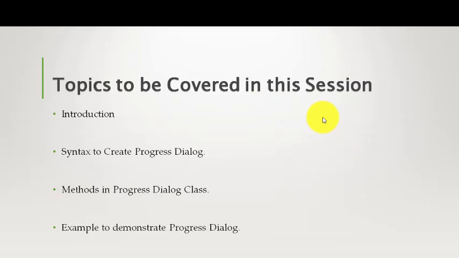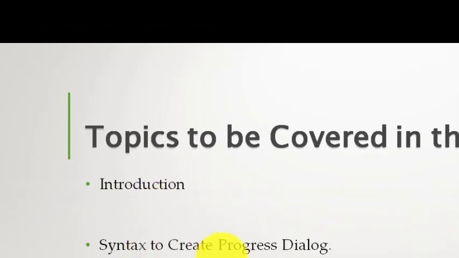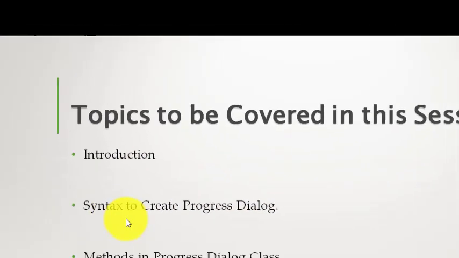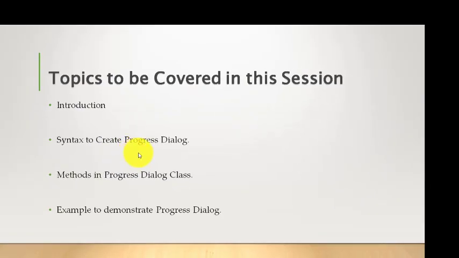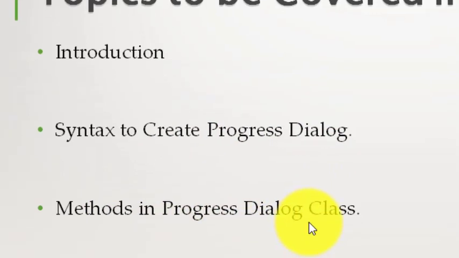The topics to be covered in this session are: first, we will see the basic introduction of the progress dialog and the syntax to create a progress dialog box. How to create a progress dialog box in Android. Android provides a set of APIs or classes for creating the progress dialog box.